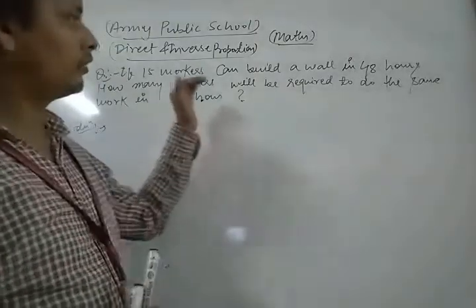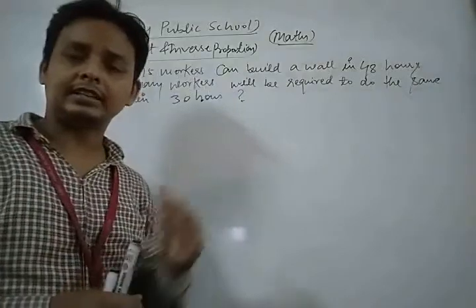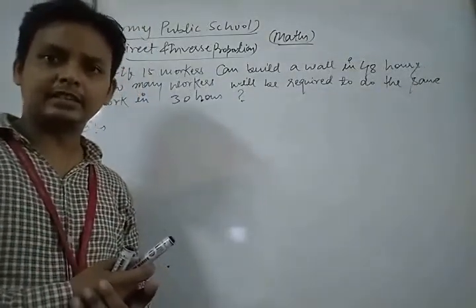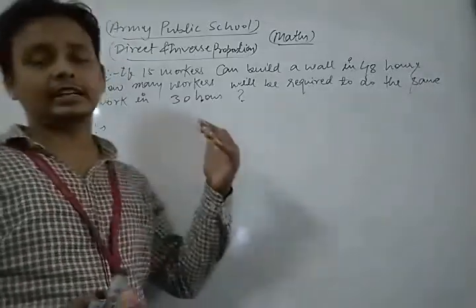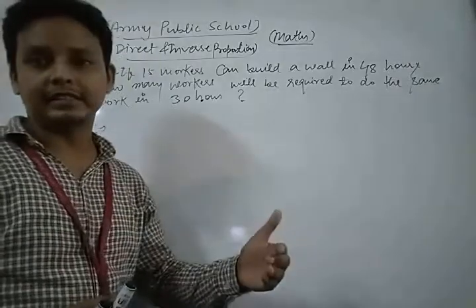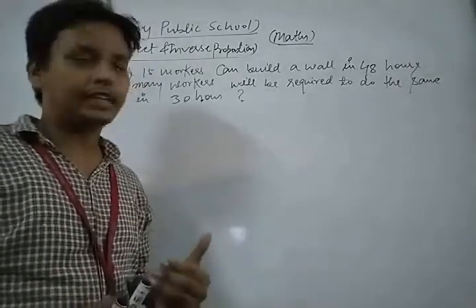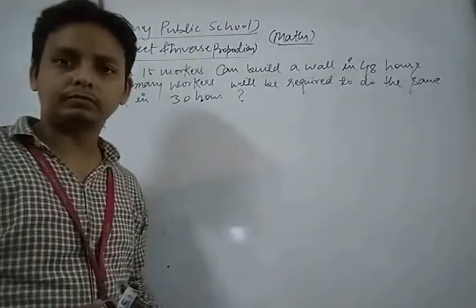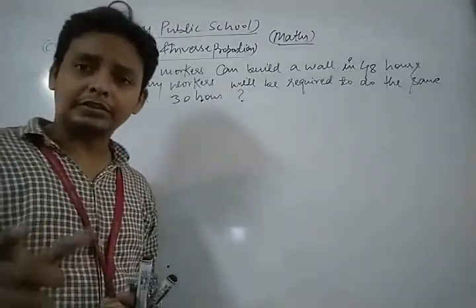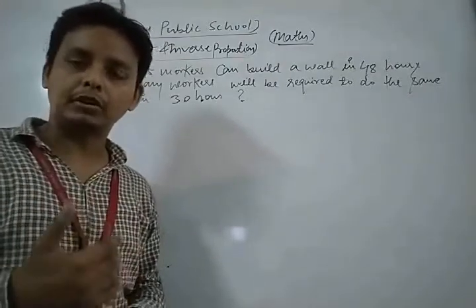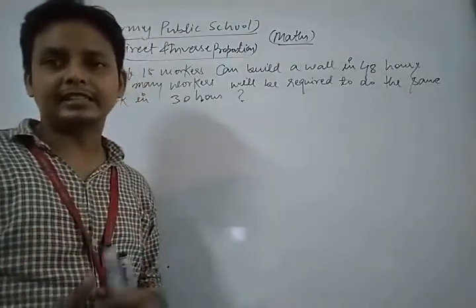Dear student, if the number of workers increases, then the time taken to build the wall decreases. If the number of workers decreases, then the time taken to build the wall increases. So we can say that between workers and time taken to build the wall, the relation is inverse proportion. This means if one increases, the other decreases.